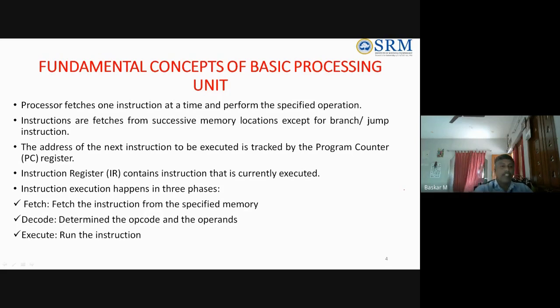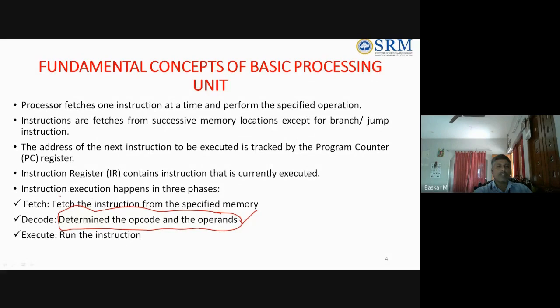Everything is decided by the decoding unit. Then the required operands are fetched from that particular place. This process we call decoding.